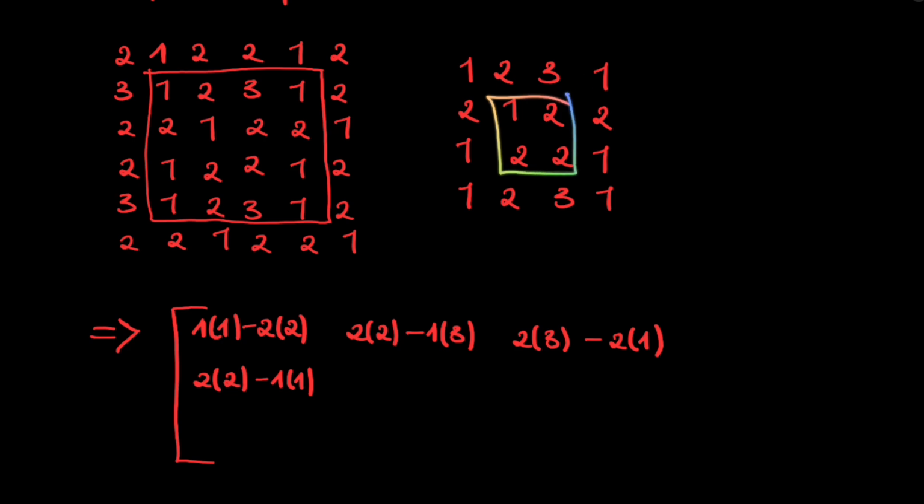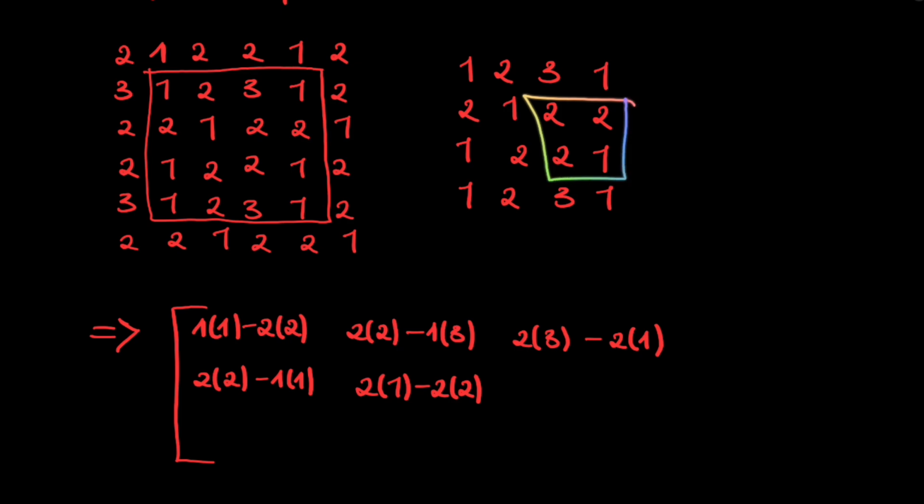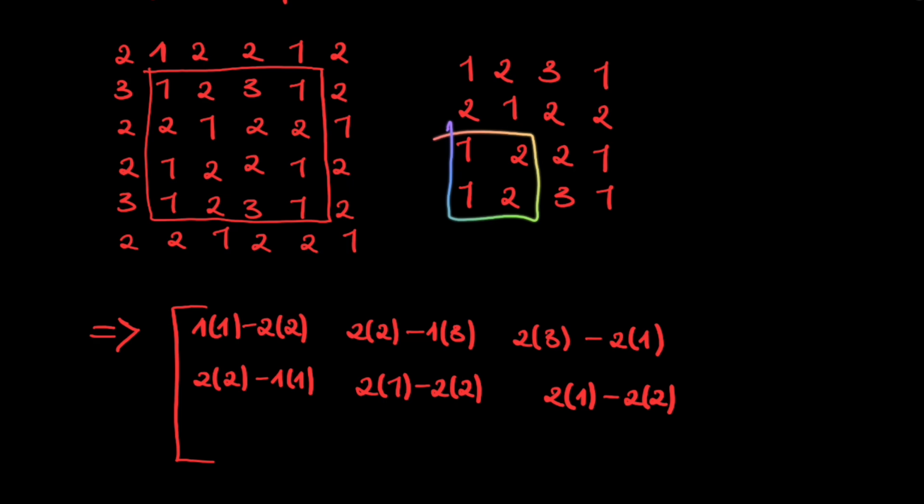Another 2 by 2: 2 times 2 minus 2 times 1 minus 2 times 2. We take the next: 2 times 1 minus 2 times 2 again. We go to the next: 2 times 1 minus 2 times 1.